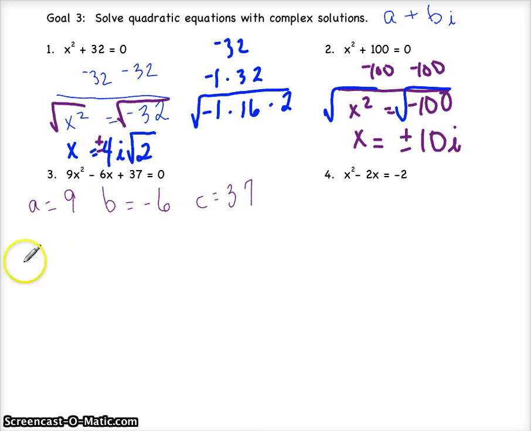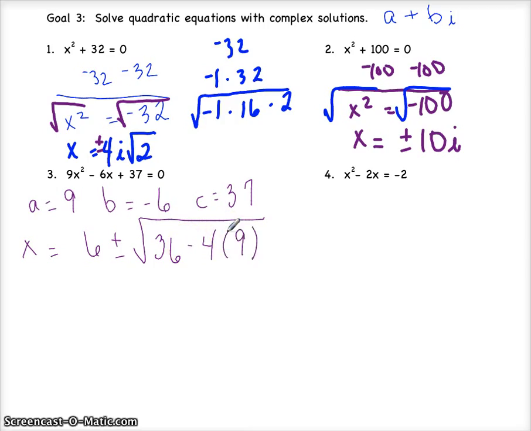Okay, so with the quadratic formula, we know that x is equal to the opposite of b plus or minus the square root of b squared. Negative 6 squared is 36, minus 4 times a times c, all of which is divided by 2 times a.